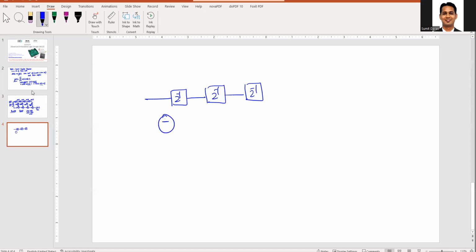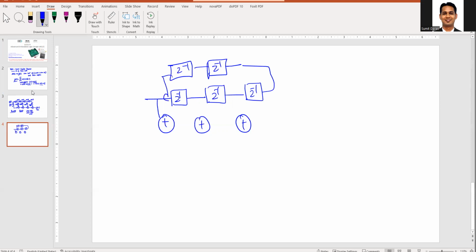So I'll have the first addition here. Okay. So this addition will be this input. And you can see that I'm going to have the z to the power minus 1 and z to the power minus 1.